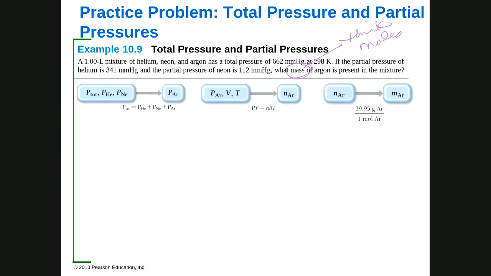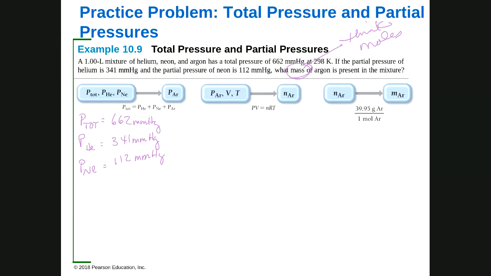So I'm going to take inventory. My total pressure is 662 millimeters of mercury. The partial pressure of helium is 341. The partial pressure of neon is 112.